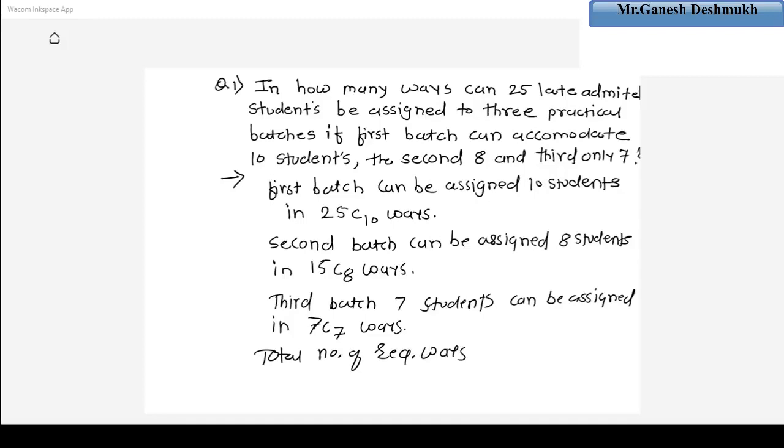We should multiply all these 3. First batch, 10 students, 25C10 ways. Second batch, 8 students, 15C8 ways. Third batch, 7 students, 7C7 ways. To get the final answer you can expand this.